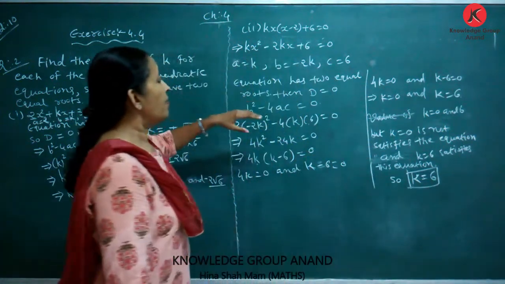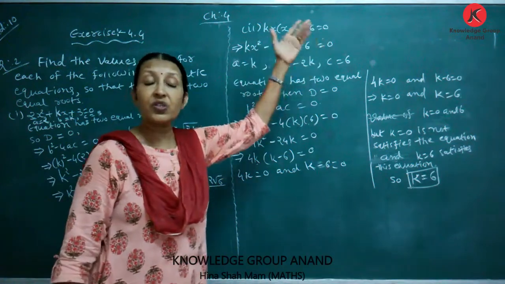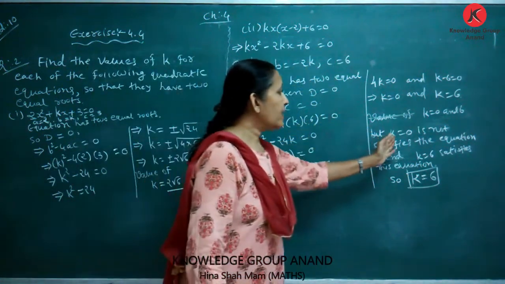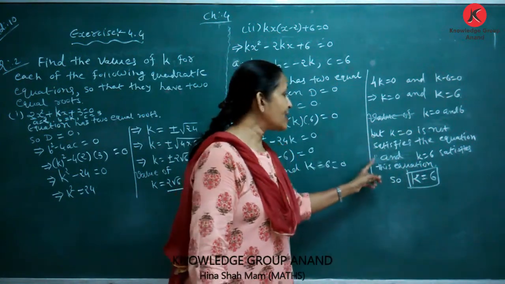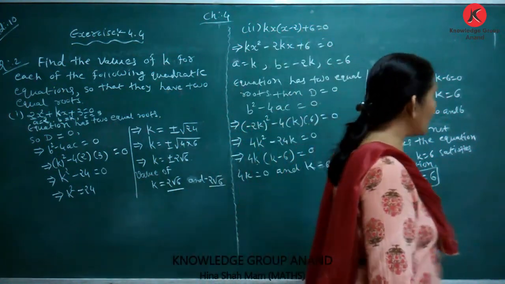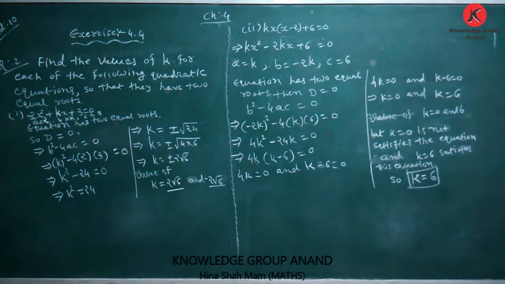But here, if we put k is equal to 0, then 0 plus 6 is equal to 0, 6 is equal to 0, which is not possible. Therefore, k is equal to 0 does not satisfy the equation. Putting k is equal to 6 satisfies this equation. Therefore, the value of k is equal to 6.